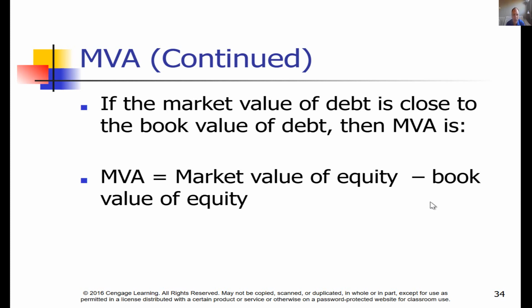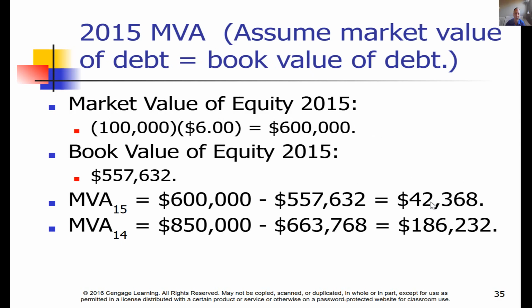And this has helped a lot of companies that are in debt and has hurt a lot of banks and bondholders. For example, that's why Silicon Valley Bank went bankrupt. But for the assumption of this lecture, we will assume that the market value of debt is same as the book value of debt.